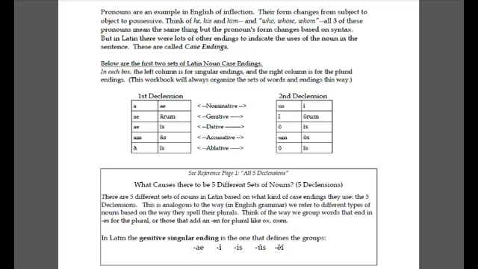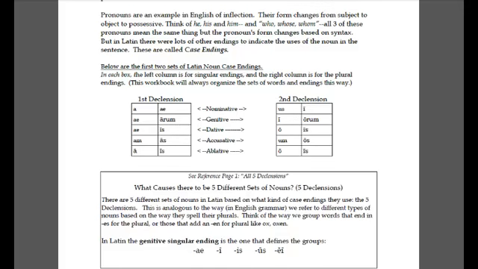In Latin, what puts a noun in its set is the genitive singular ending. The genitive singular ending is the second ending in the box on the left side. So what you'll see is that when a noun is listed in its vocabulary list, it will list the nominative form and the genitive. Let's look at an example of this.